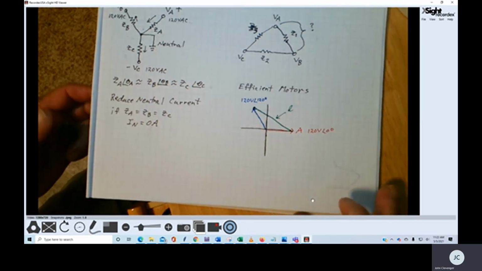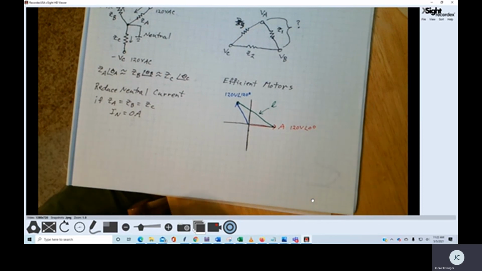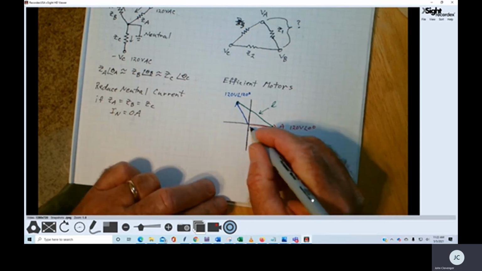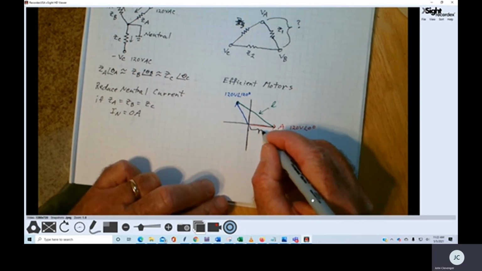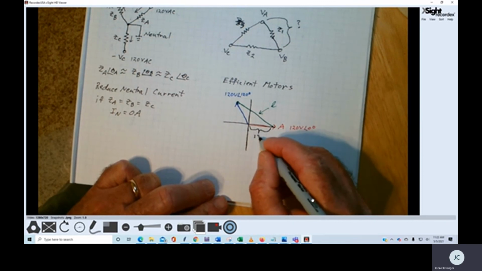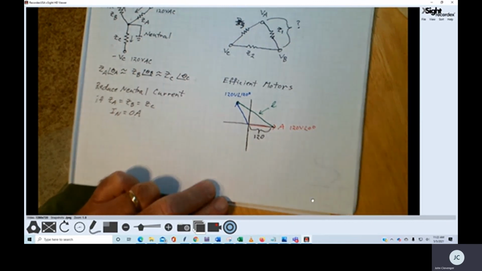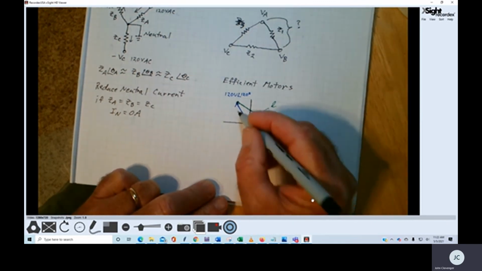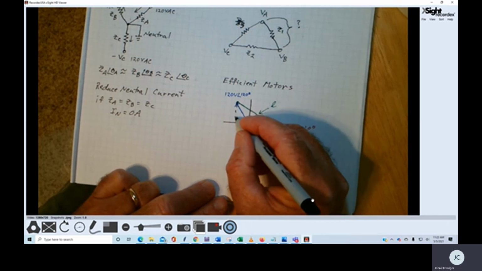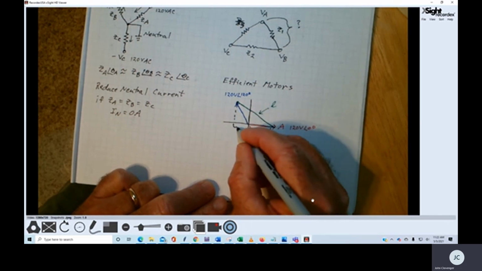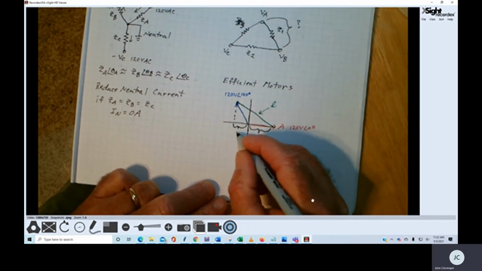Well, in order to determine the length of that line, we've got to use a little trigonometry. Let's start here. I know that the length of this line from here to here is 120 volts. So the question is, what's the length of this line from here to here?